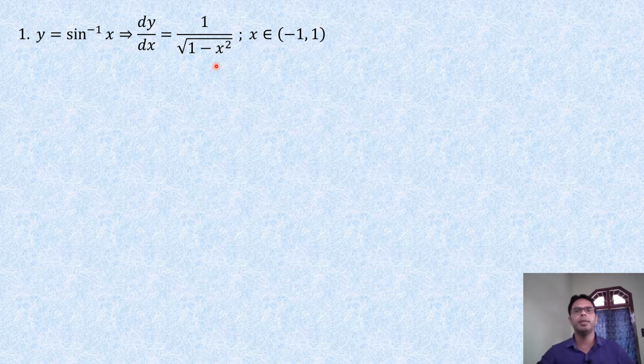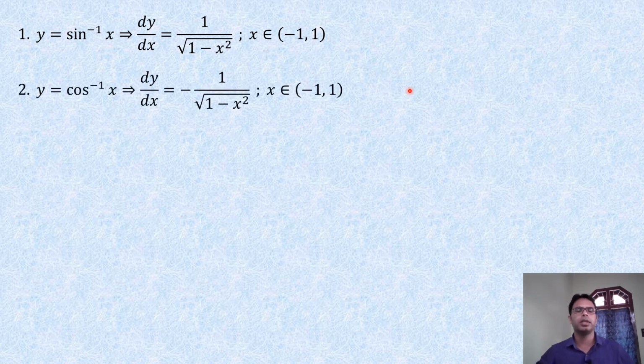This is the derivative formula for sin inverse x, and similarly for cos inverse x: y is equal to cos inverse x, then dy/dx is equal to minus 1 by root over 1 minus x square. Everything is the same as the derivative of sin inverse x, just with a negative sign.